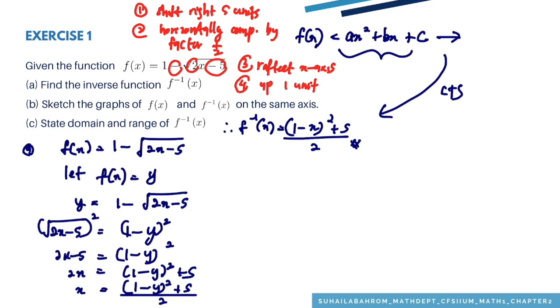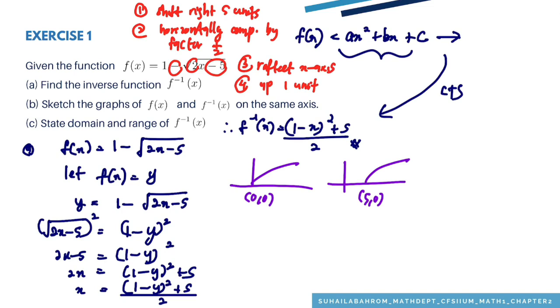Okay, so roughly, when we try to sketch the function, basically the graph of the square root of x looks something like this, with the point (0, 0). And then we shift to the right 5 units, so we have something like this with the new coordinate (5, 0). And then horizontally compressed by a factor of 1 over 2.